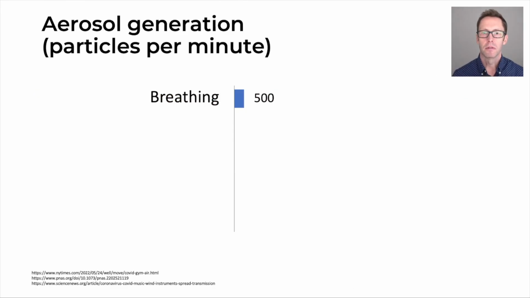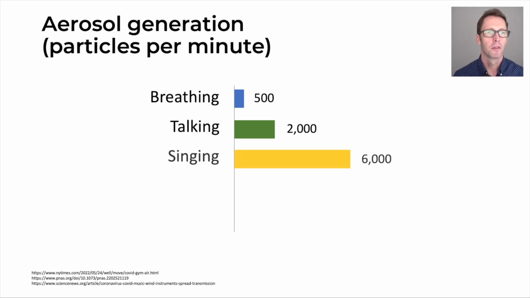I mentioned aerosol generation as a risk factor, and there's actually been quite a lot of research done to study aerosol production from different types of activity. If we look at breathing, first of all, we know that people generate aerosols by breathing, and it's around about 500 particles per minute. When people are talking, they're generating quite a lot more aerosols. It's about 2,000 per minute.